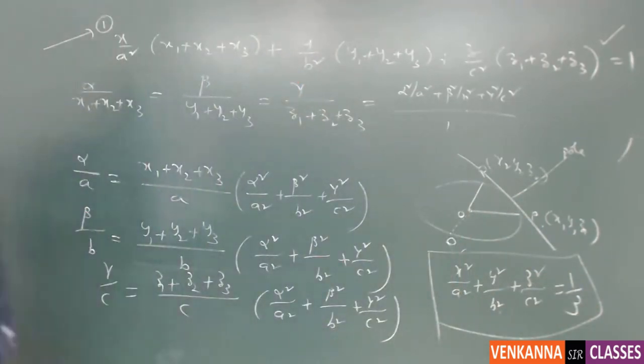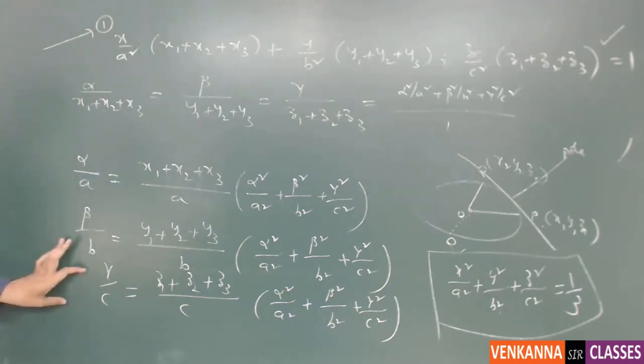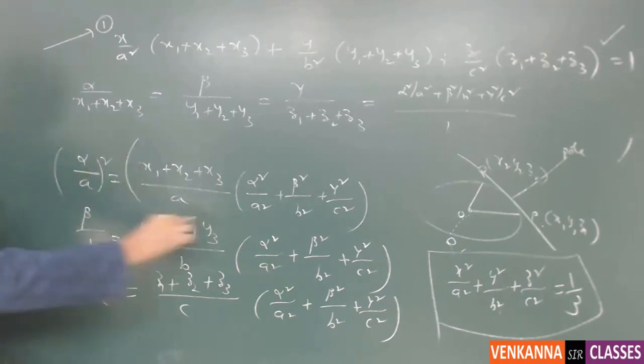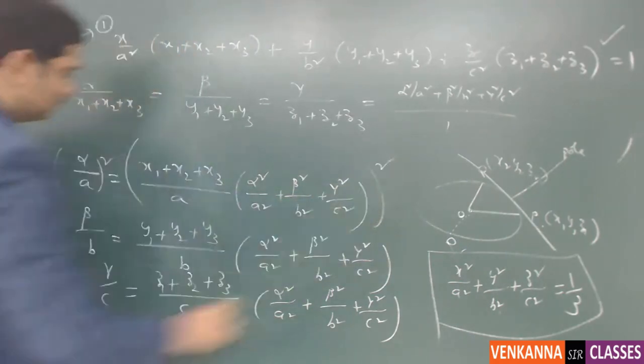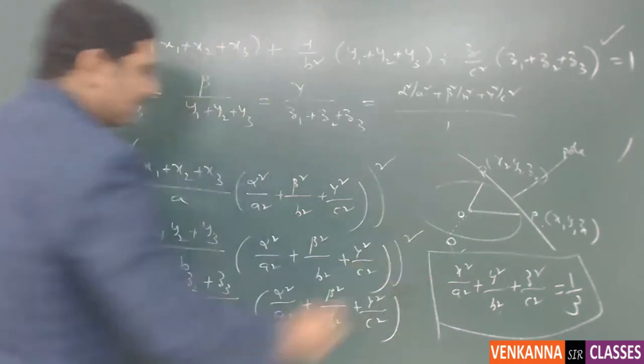For this, as I have known the values of alpha by a, beta by b, gamma by c, let us square them. Take the square of it, again square that, again square that.